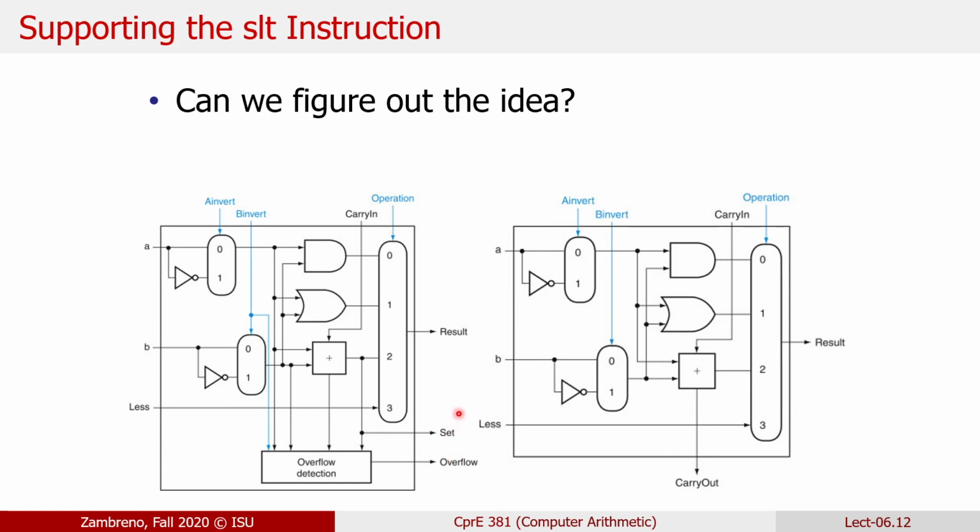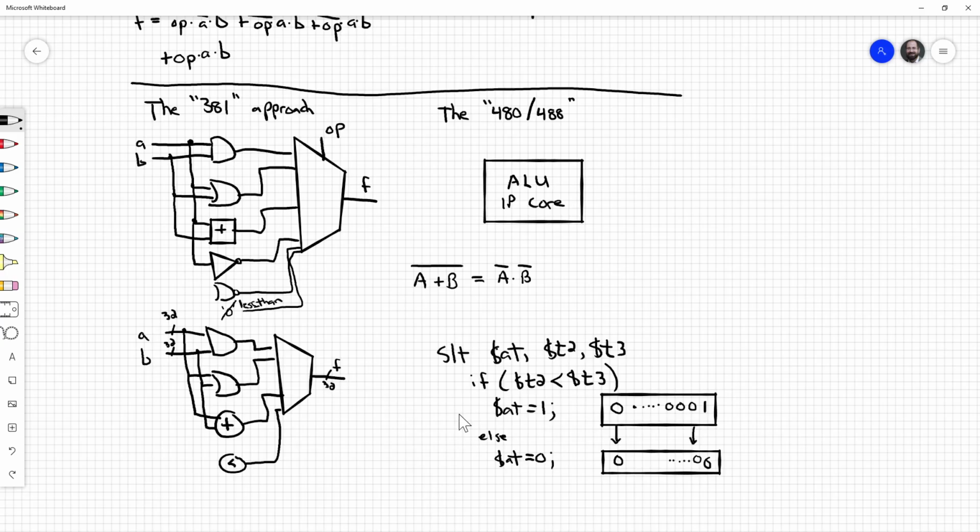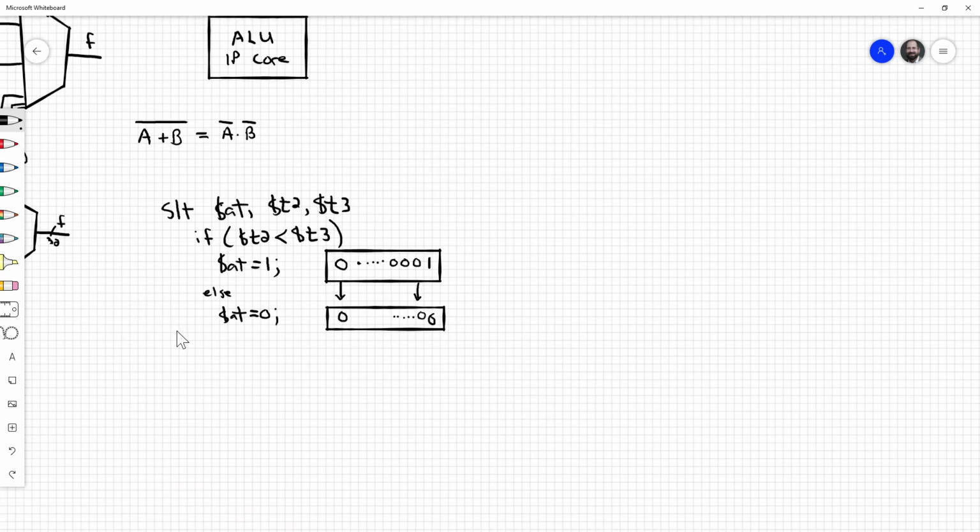But the general idea for that is we can treat our set less than operation as a subtraction operation. And we can go back to our pseudocode for that purpose, which is saying if T2 is less than T3, and we're basically replacing that with if T2 minus T3, let's put some parentheses there, is less than 0.